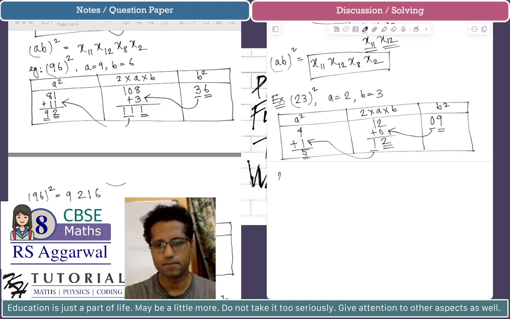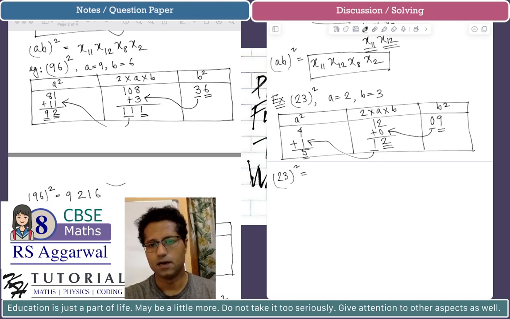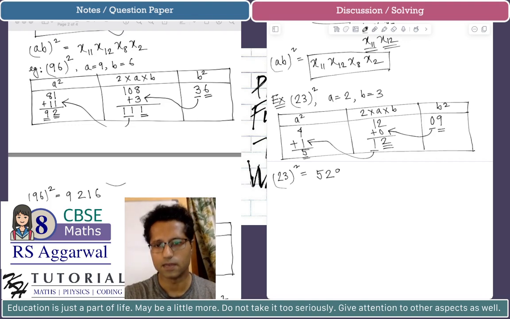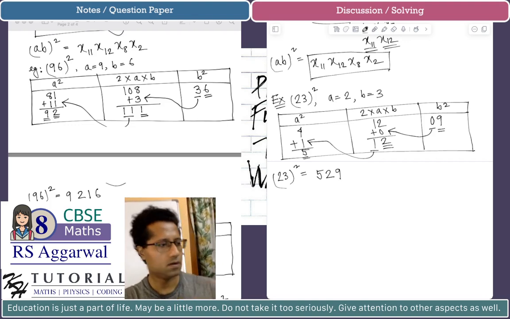So I can say 23 square will be the digits I got in the first column, that is 5, and the units digit from the second column, that is 2, and the digit at the unit place from the third column, which is 9. So I hope this is a correct value.